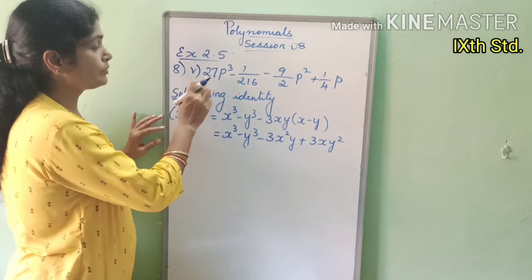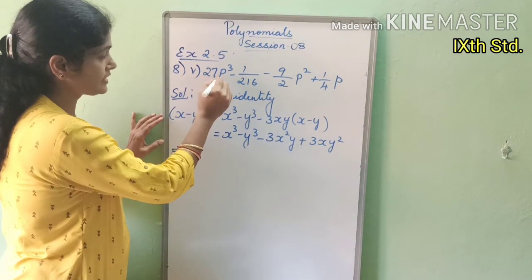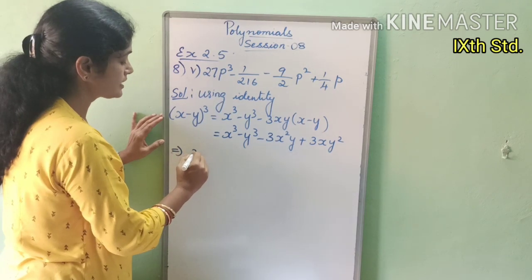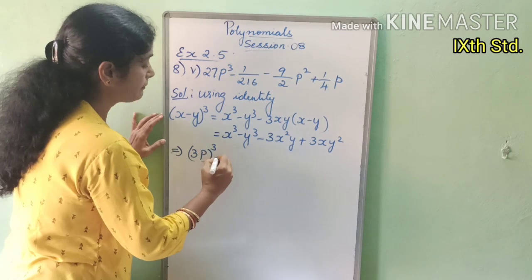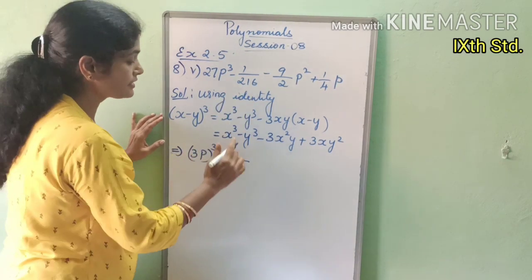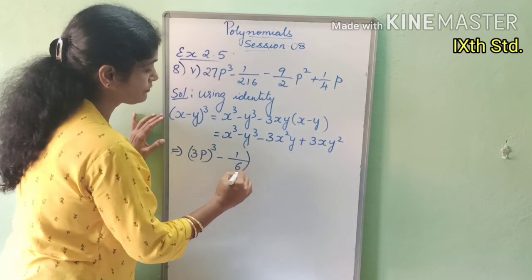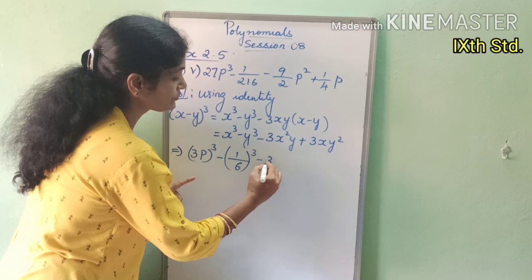Now x cube is equal to 27p cube. So we can write it as (3p) whole cube minus 1 by cube root of 216, which is 6. So (1 by 6) whole cube.